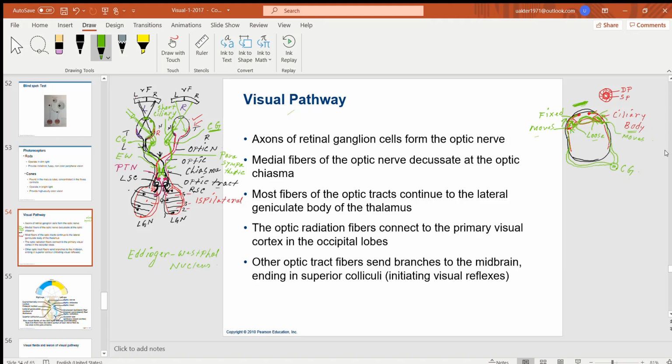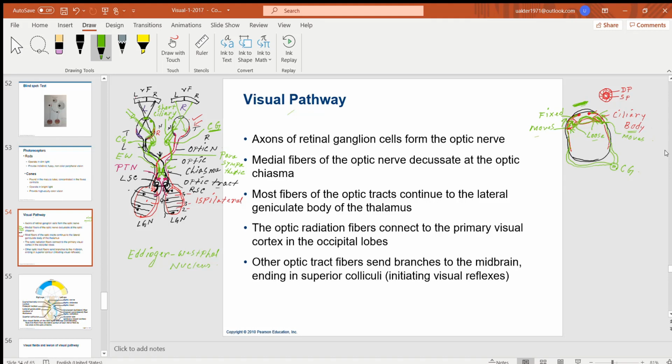So that light reflex will do the accommodation, will make the lens more bulged or round, and the refraction will be more, and that will help in near vision.